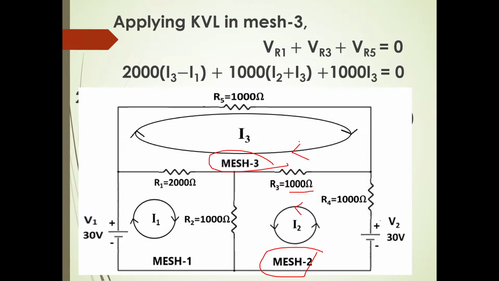I2 direction is this. So I3 and I2 directions are the same, which means you can add those two currents. So VR3 is equal to 1000 into I2 plus I3. Okay, plus.